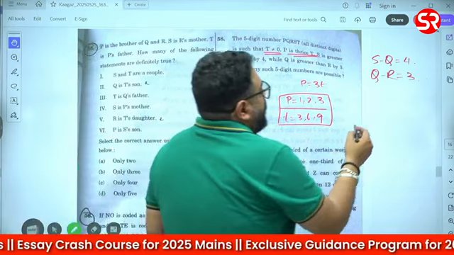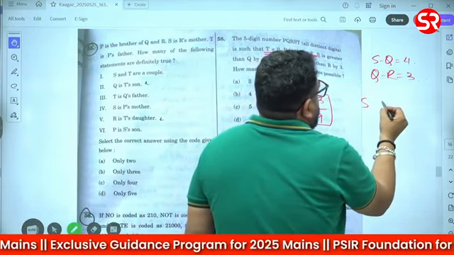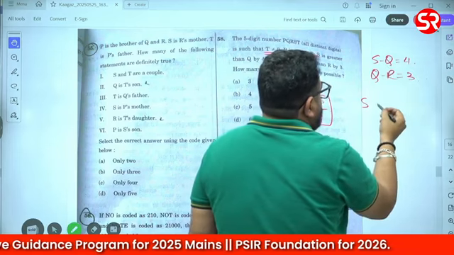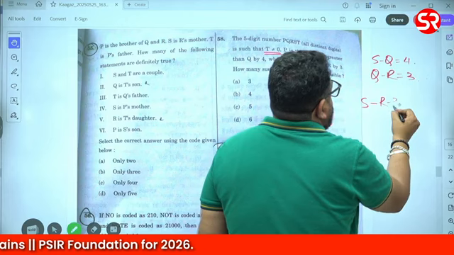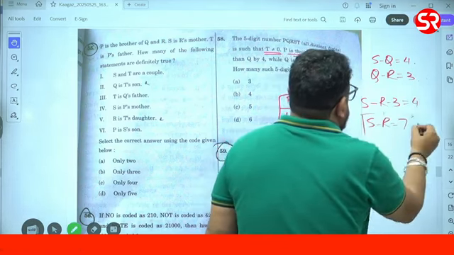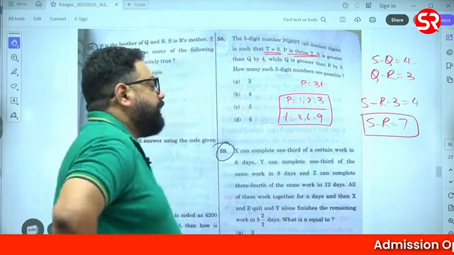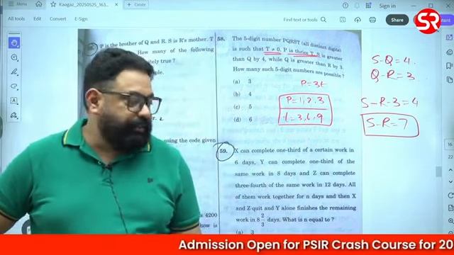तो अपन अगर देखते हैं Q का वैल्यू इधर पुट कर दो, Q का वैल्यू रिप्लेस कर देते हैं, तो Q माइनस R माइनस 3 इज इक्वल टू 4, S माइनस R इज इक्वल टू 7. S और R का जो डिफरेंस हो वो 7 होगा.